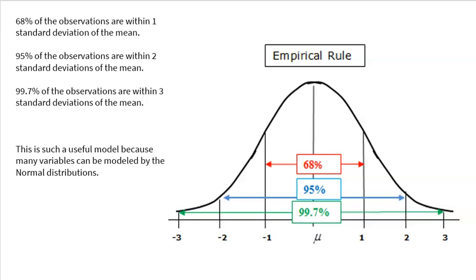And this rule states that between 1 standard deviation below and 1 standard deviation above is 68% of population data. So 68% of a population, as long as it follows the normal distribution, is within 1 standard deviation. And then we expand that to 95% of a population is within 2, -2 to +2 standard deviations.